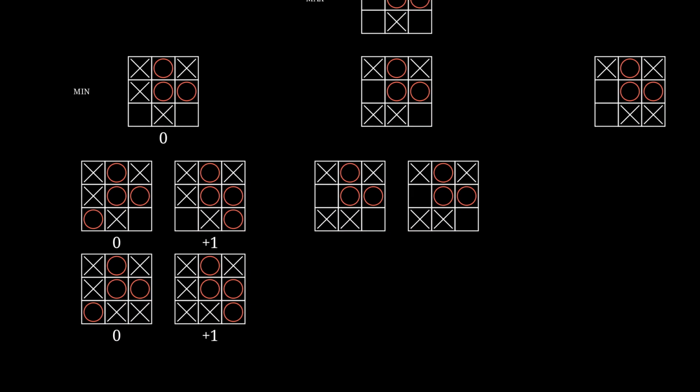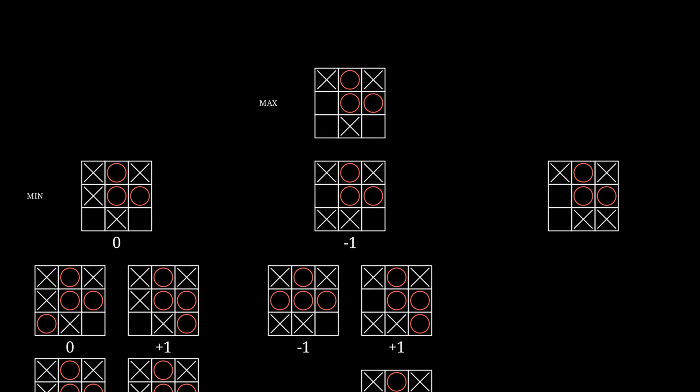Let's expand the middle path first. The O player has once again 2 options at its disposal. If it chooses the middle row, the game is over and the X player loses. This corresponds to a score of -1. Now let's imagine the O player chooses the bottom row. In that case, the X player wins the game, and the score in the final state is +1.